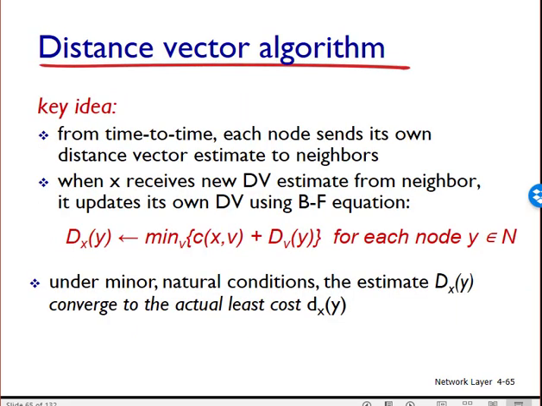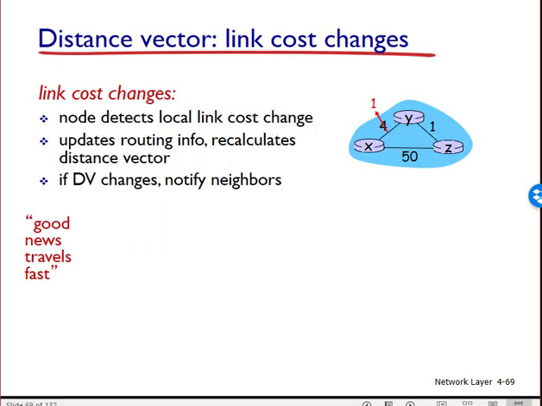If all the nodes continue to exchange their distance vectors in such an asynchronous fashion, each cost estimate converges to the actual cost of the least cost path from node x to node y. In the distance vector algorithm, a node updates its distance vector estimate when it either sees a cost change in one of its directly attached links or receives a distance vector update from some neighbor.